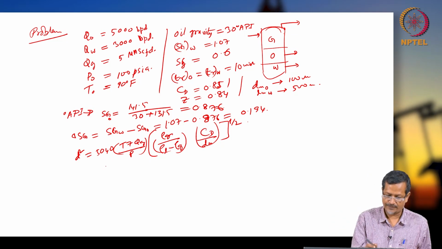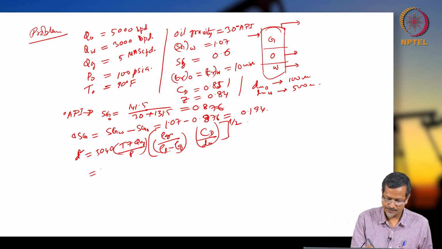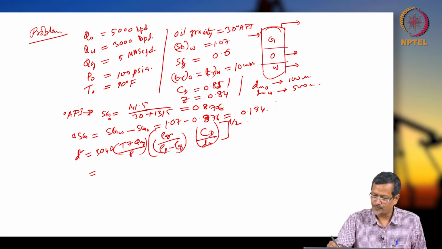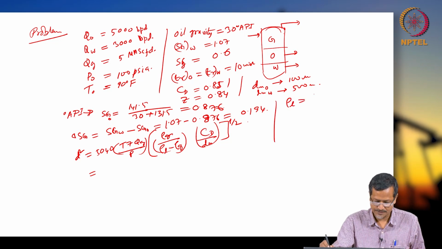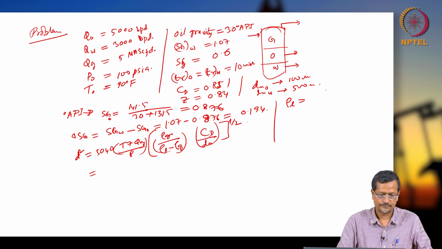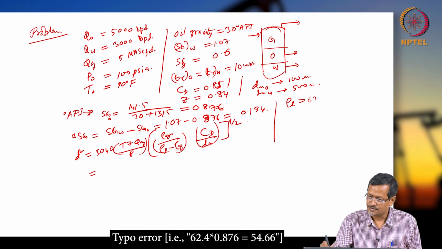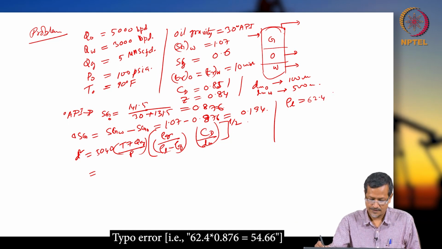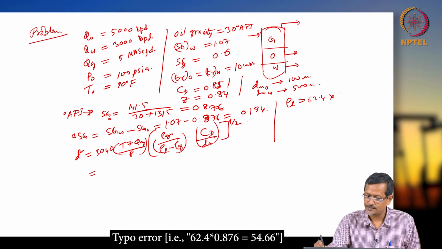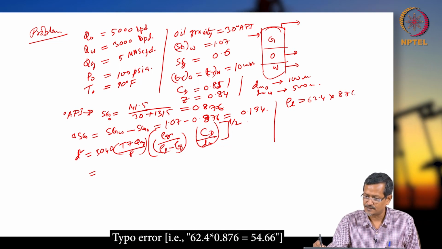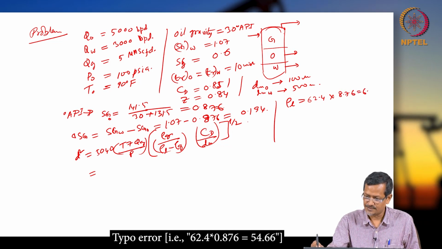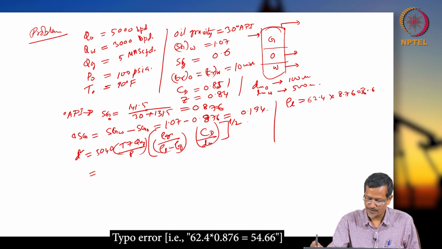Before we put in values we have to calculate rho L, which equals 62.4 into 0.876, giving 56.6 lb per cubic feet.